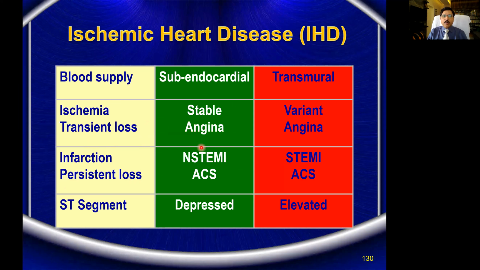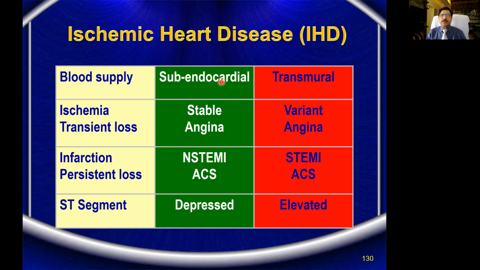That is non-ST segment elevation myocardial infarction. Basic difference is here enzymes are not elevated, here enzymes are elevated. Okay, because this is ischemia, this is injury and infarction. Okay, and this is subendocardial, and of course ST segment will be depressed in subendocardial infarction, as we have seen in the previous slide. We saw in the previous slide that ST segment will be depressed whenever it is only subendocardial.